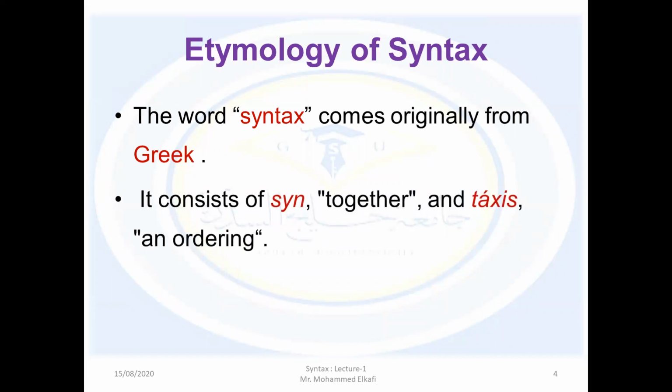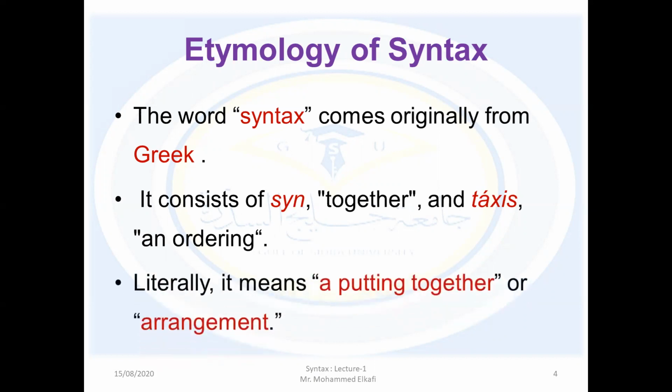In Greek, we'll find the word in two parts, okay? The first is syn and the second is taxes. Syn means together, and taxes means an ordering. So literally, it means a putting together or arrangement.